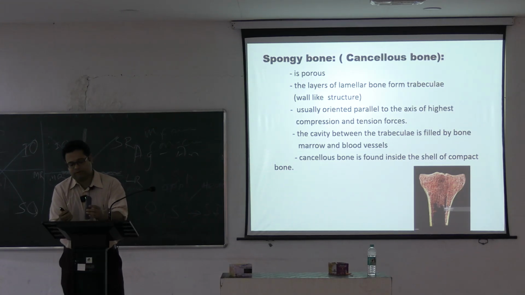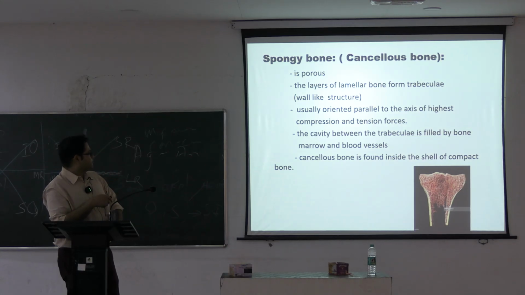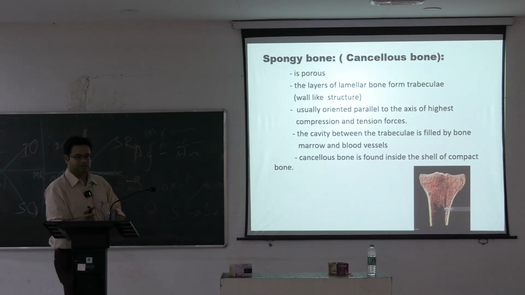So when you are standing straight, the body weight is passing through the femur, from the proximal part to the distal part. So when you say it's oriented parallel to the axis of highest compression, it means the cancellous bone is present proximally and distally, and it is absent in the middle. In the diaphysis, it is not there.